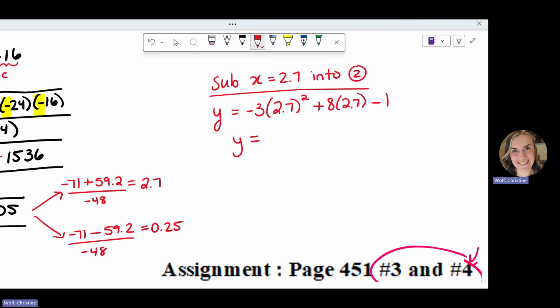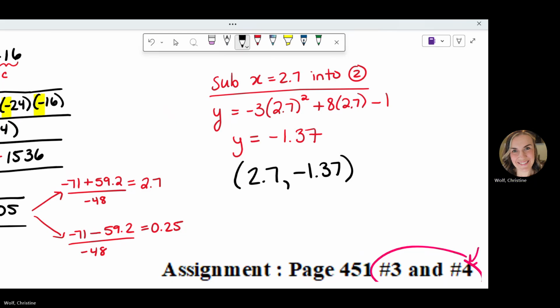This is kind of a long lesson, so to save time right here, I am going to just tell you what the answer is. And actually, on my sheet, I plugged it into equation 1. I should have been paying attention. If you plug this into equation 2, though, you should get an approximate y value of about negative 1.36-ish or 37-ish, depending on if you use 2.7 or 2.71. Okay? I believe it's negative 1.37. All right, so there is your first value, 2.7, negative 1.37, or negative 1.4.